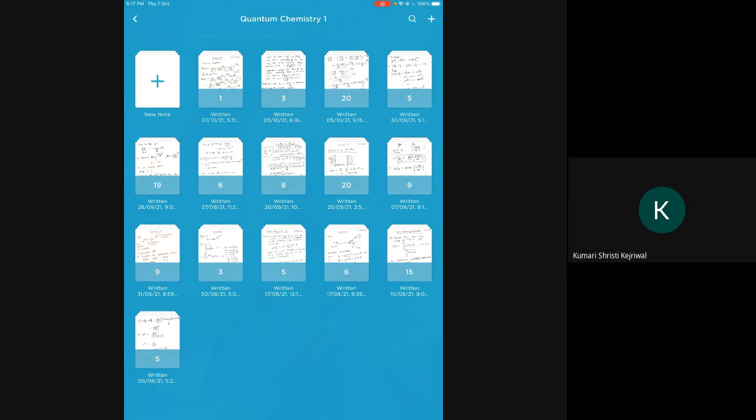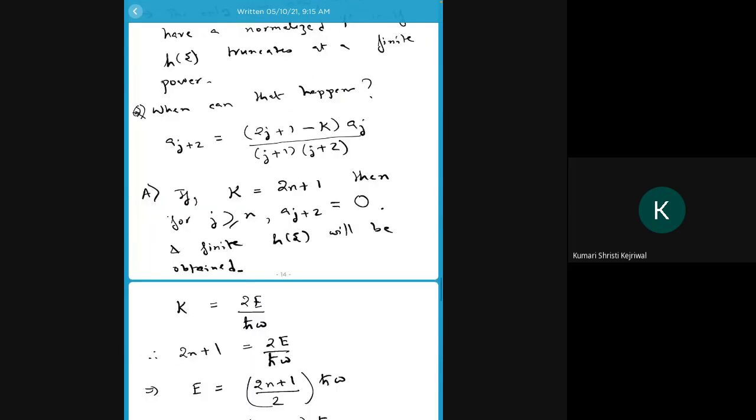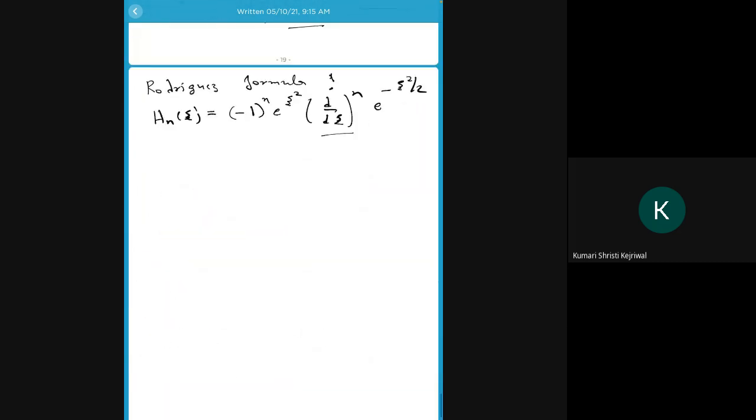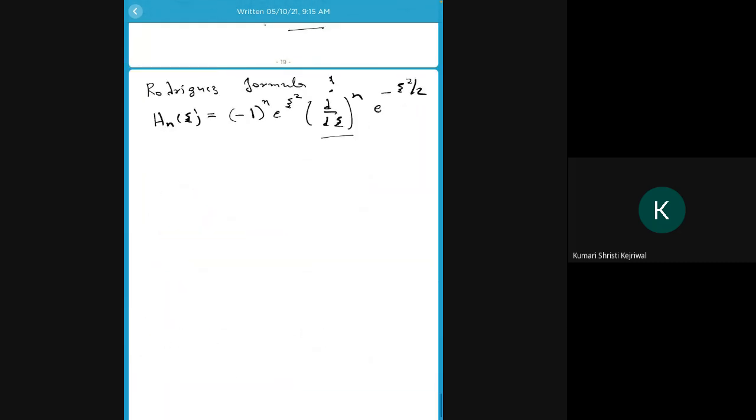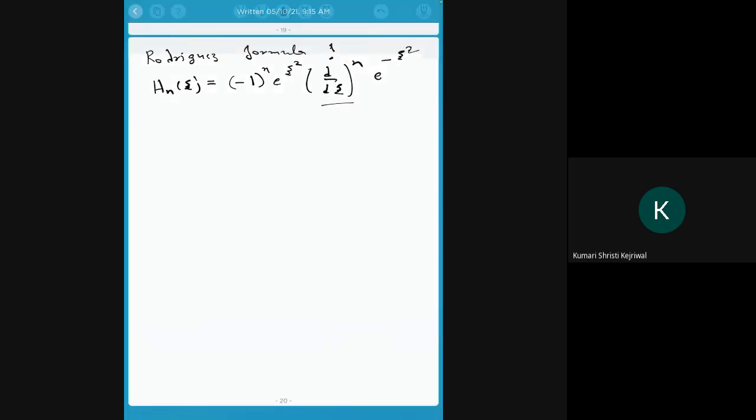It will have to be xi square. No, this is xi square. I made a mistake last time. So you can correct it, and I'll upload the corrected notes also.